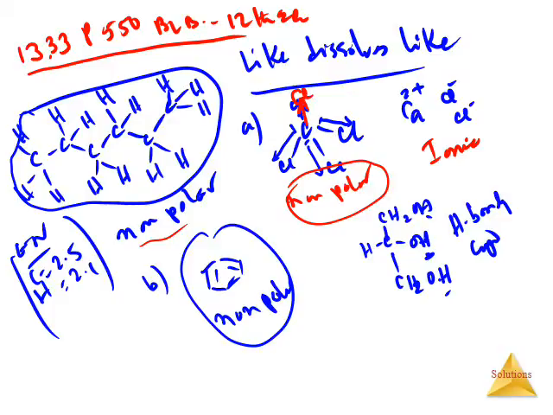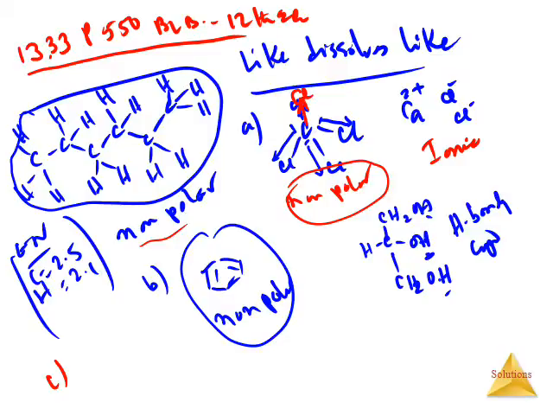Now part C, for part C, you need to find out whether octanoic acid or acetic acid is more soluble in hexane.